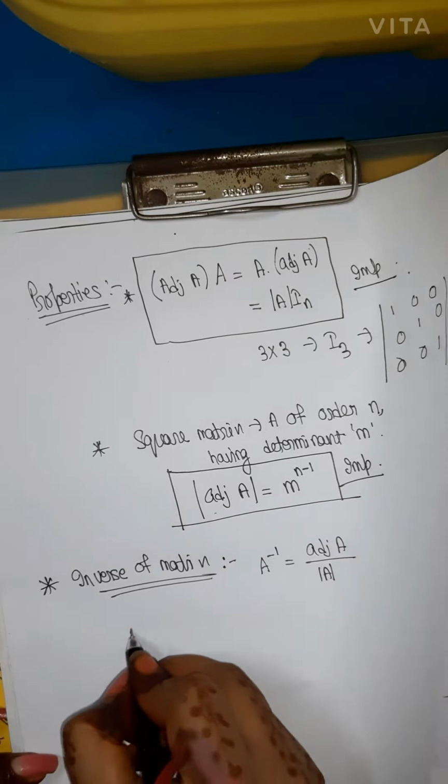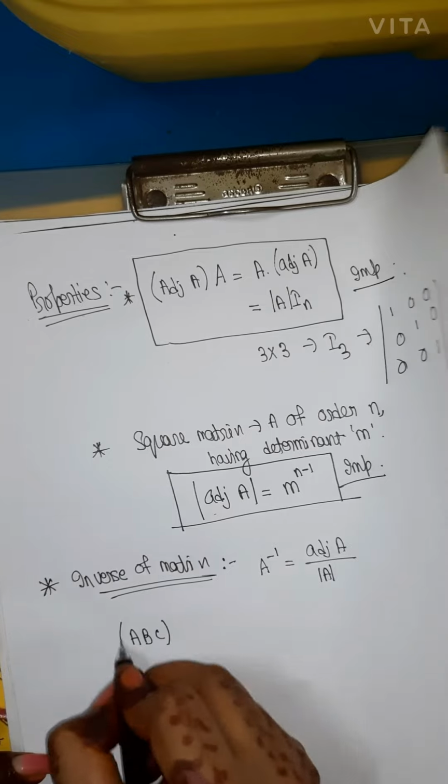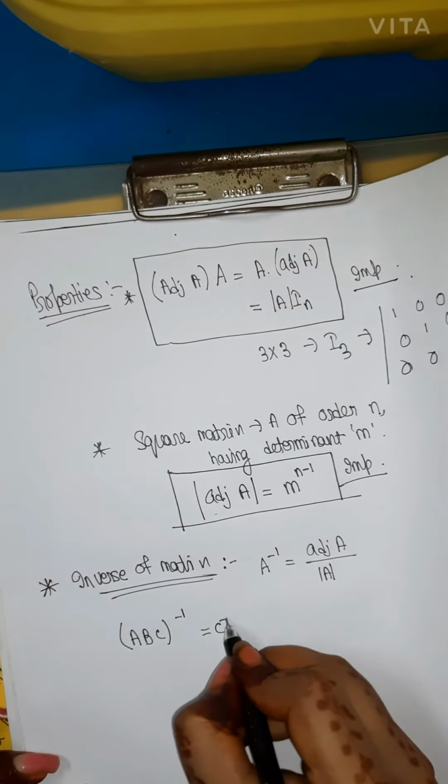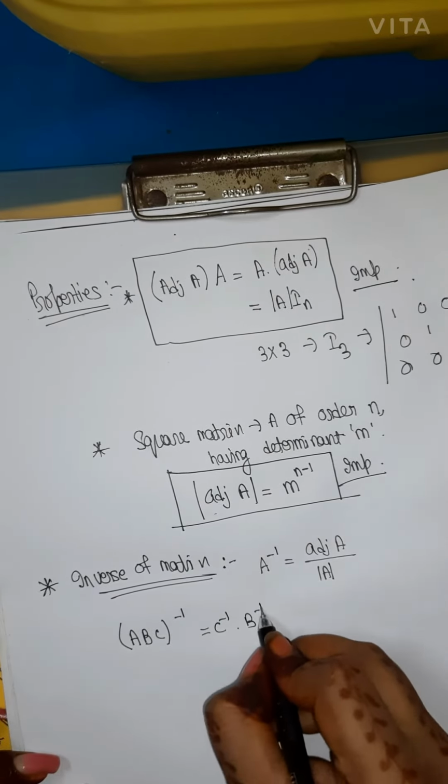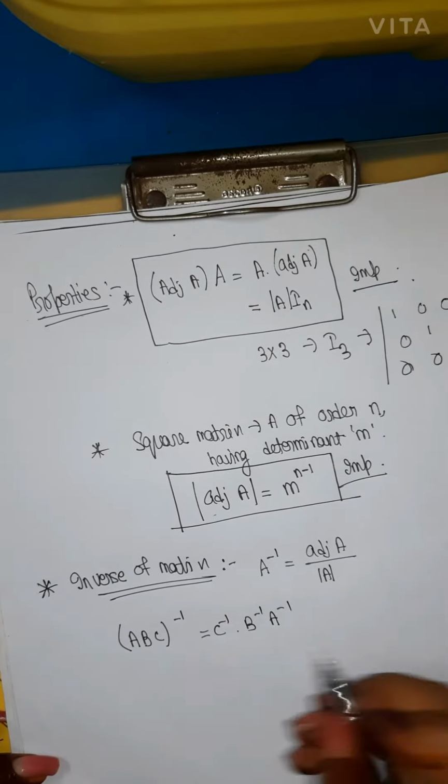And as similar as transpose, if we have A, B, C whole inverse, we will have C inverse into B inverse into A inverse individually.